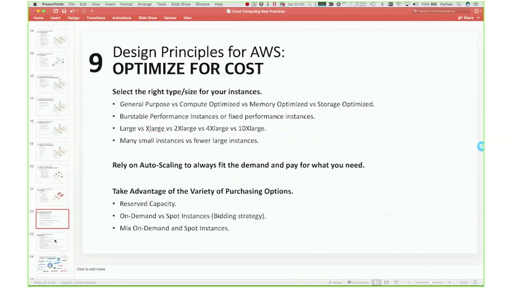Maybe if I'm using a NoSQL database that makes the indexing within the memory, I might use a memory optimized instance. If I'm hosting a service that requires a lot of I/O operations per second, I would use a storage optimized instance. So it has to be the right size of instance when you are designing a cloud.